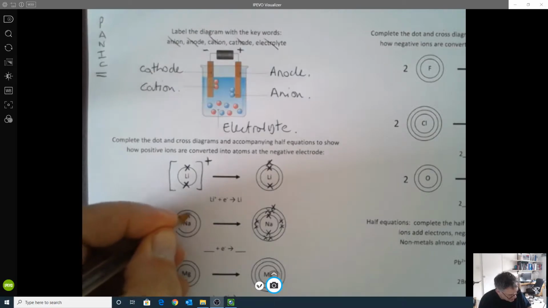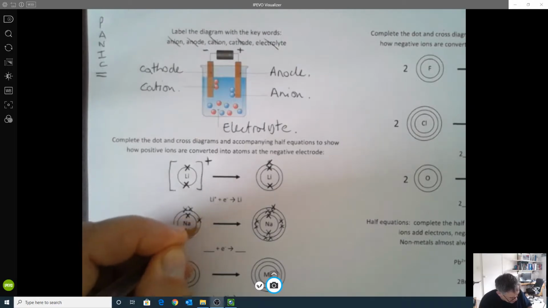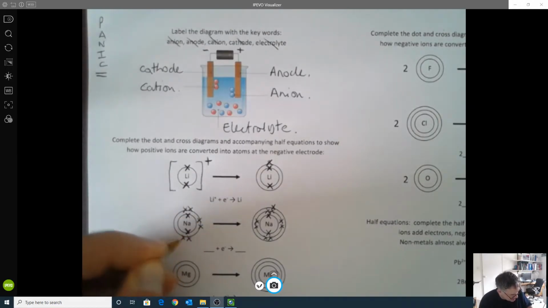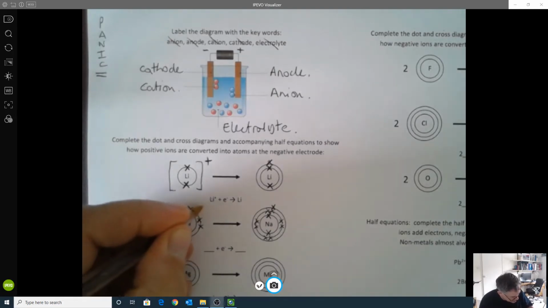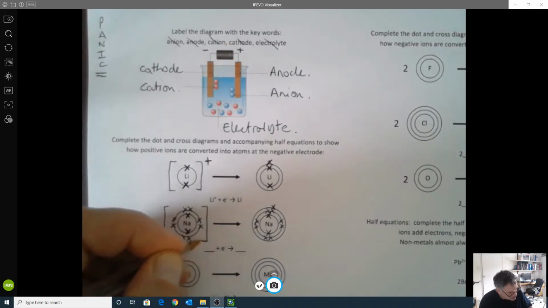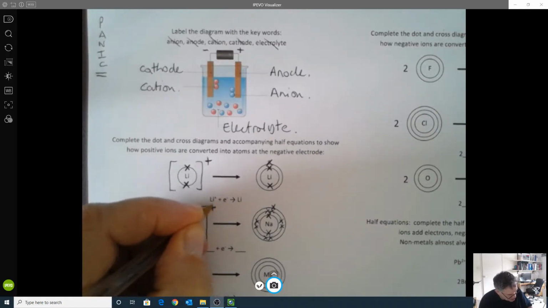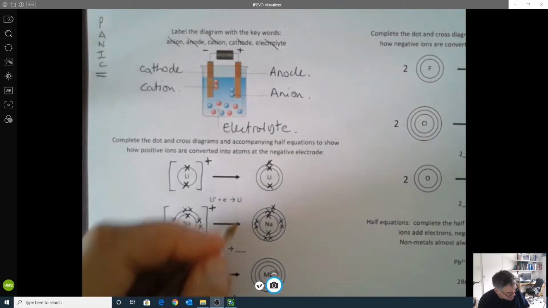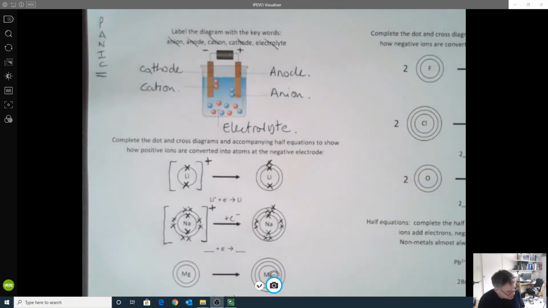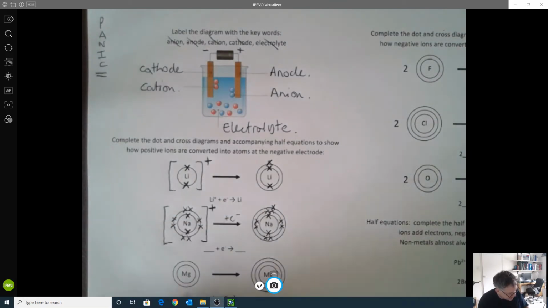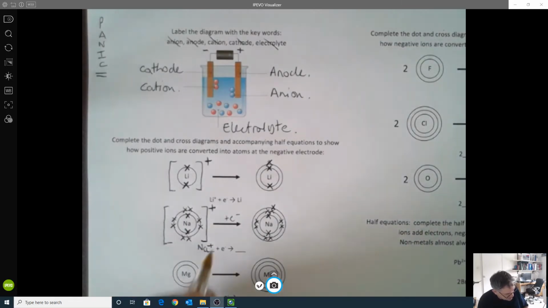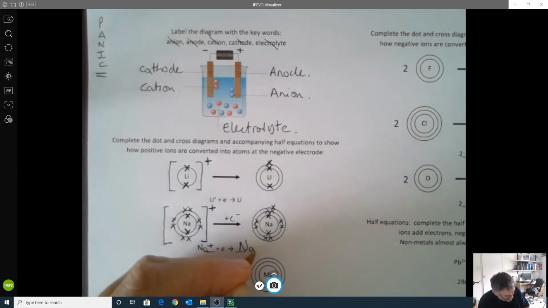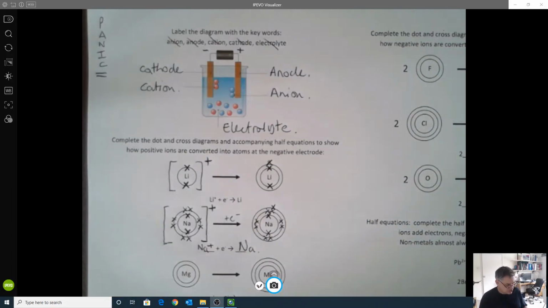It's lost that 1 electron in the outer shell. And so I draw out my 10 electrons. It's a stable ion, so it's got a full outer shell, but it's lost that 1 electron, so it has a 1 plus charge. So this is plus an electron. And I go from Na+ plus an electron to Na, sodium ion to a sodium atom.